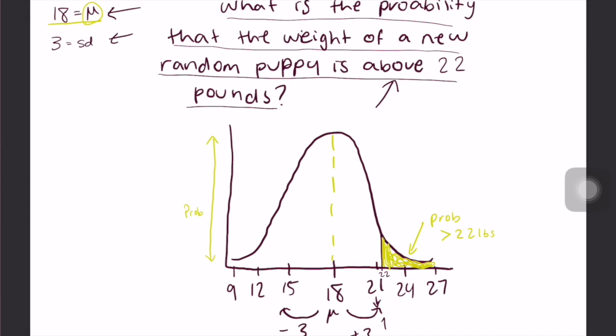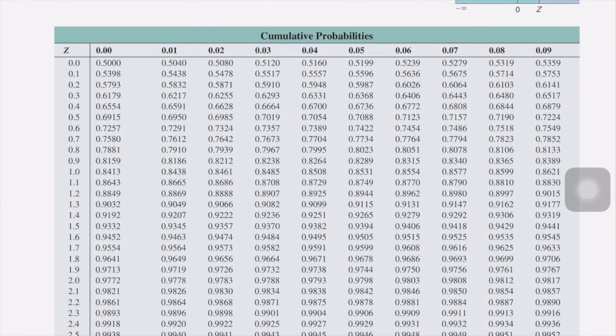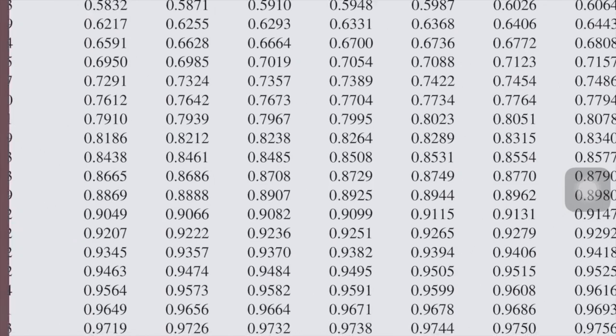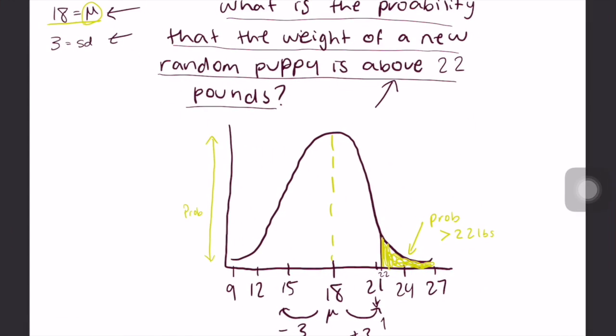With this z-score, we can take a look at page 641 in our textbook and first look for 1.3 and then go over to 0.03, and that represents 1.33, our z-score, and that is 0.9082. Let's write that down. 0.9082.